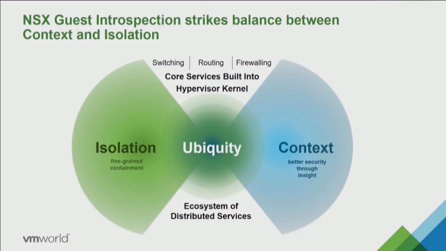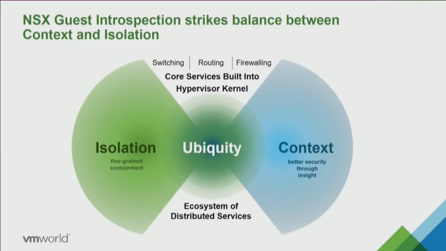If I'm in the guest, however, I get a ton of context that network inspection can only dream about, but now I'm also exposed to attack within there. So with VMware running in the hypervisor, we actually have the best of both worlds. We have visibility into the guest through a number of our tools, and the fact that we're actually running those guests, but we also have isolation from the guest because we're sitting on the hypervisor.